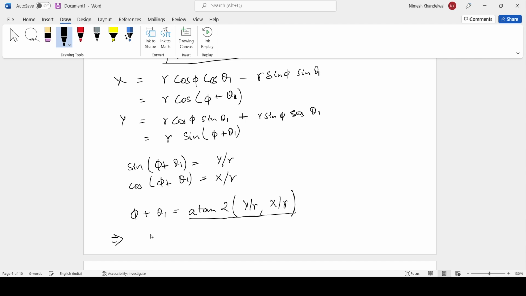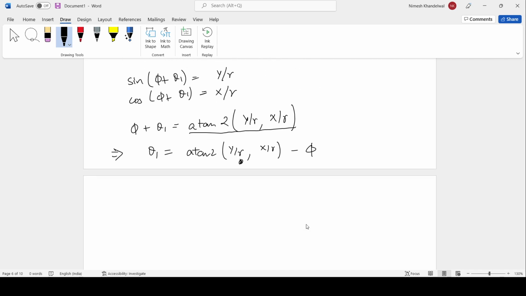So now this leads to atan2 of y over r comma x over r, minus phi. And we know what phi was, right?